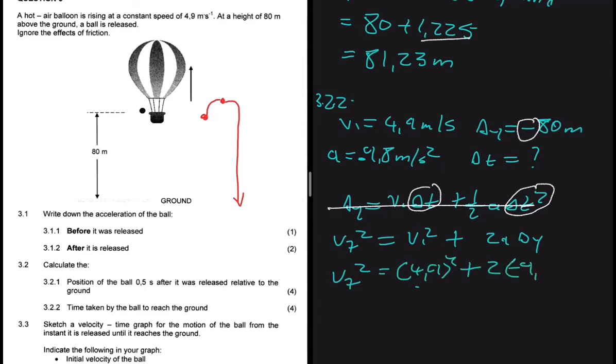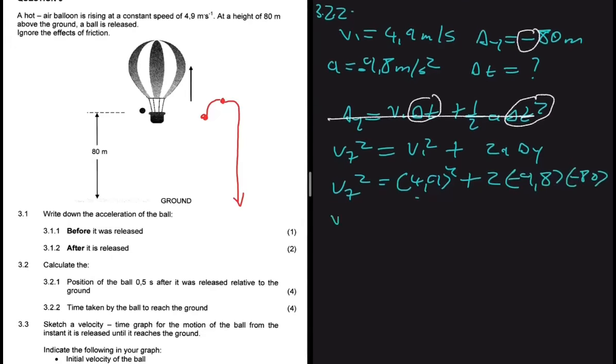Acceleration is minus 9.8, and then we have delta y, which is minus 80. So from here, we're going to take square roots on both sides. So 4.9 squared plus 2 multiplied by minus 9.8 multiplied by minus 80, and then close bracket, everything to the power a half. That's the same as taking a square root.